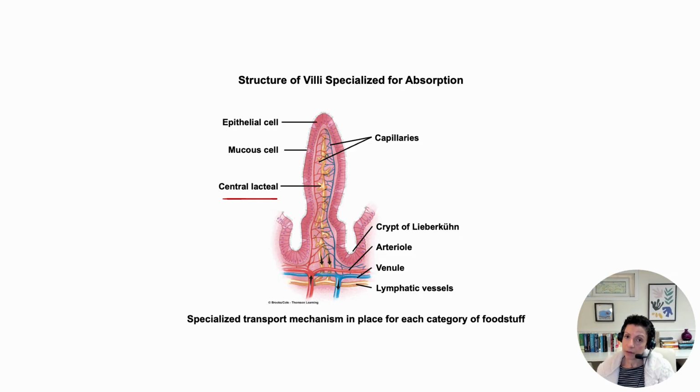And then all lymphatic flow eventually enters the bloodstream closer to the vena cava of the heart. So all of that fat that gets absorbed eventually does make it back into the bloodstream, but initially it's not absorbed into the blood. Initially it's absorbed into the lymphatic system. And that central lacteal is ready to receive that fat that's absorbed.